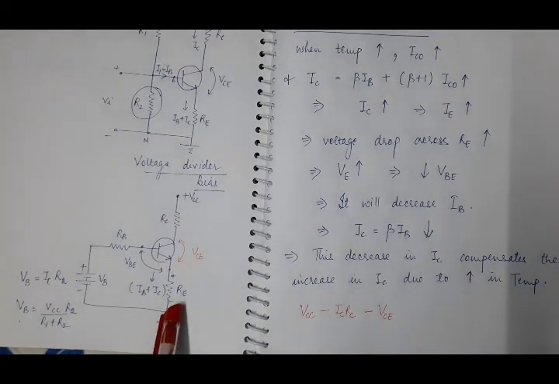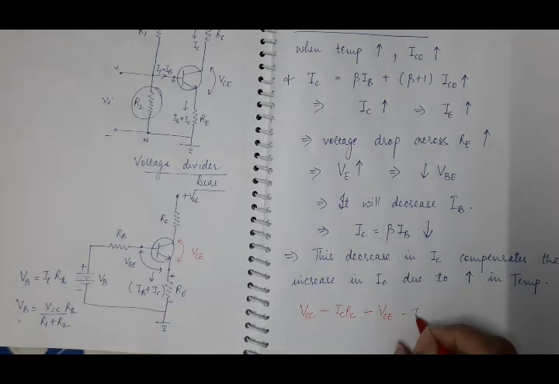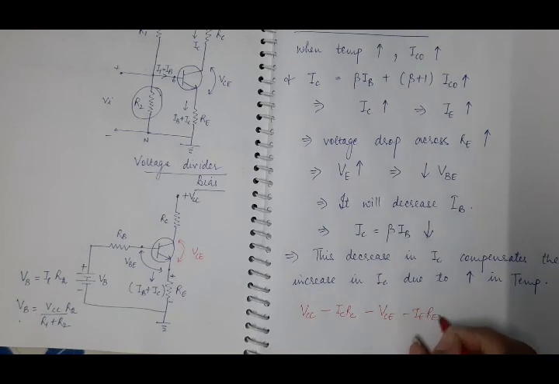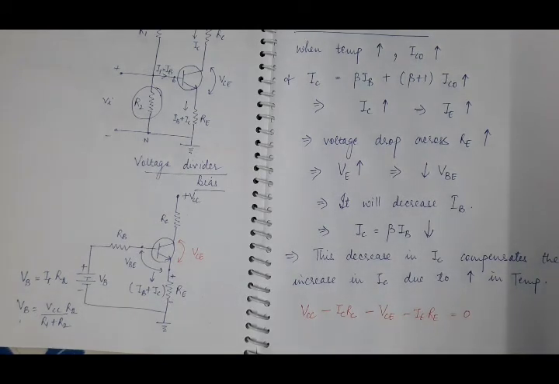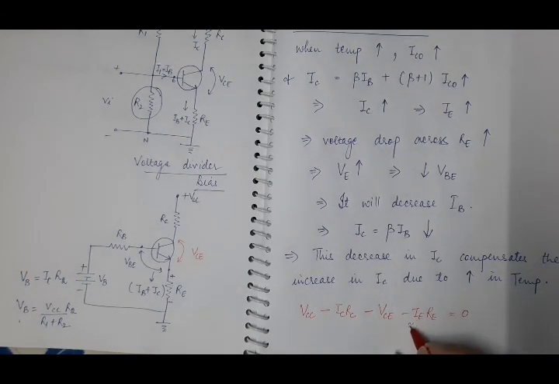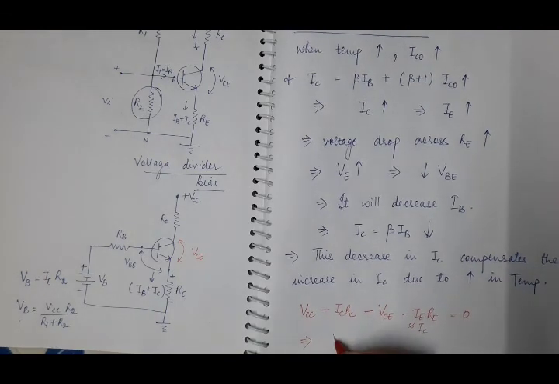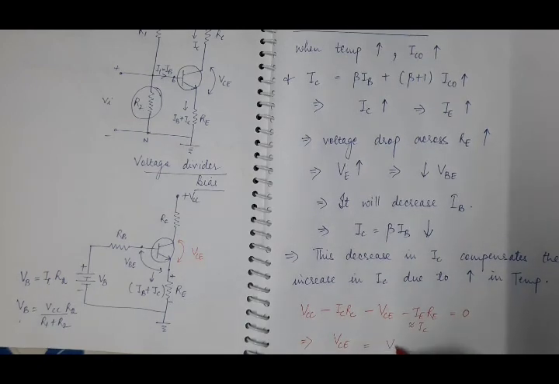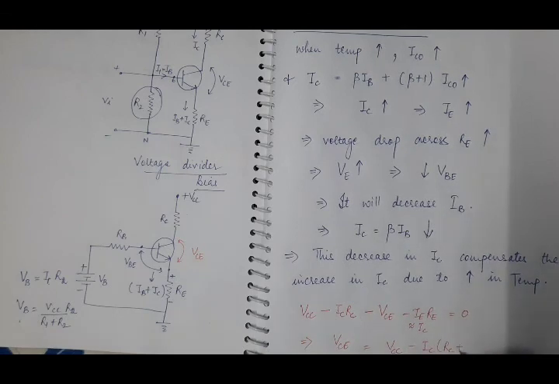Then the current through this terminal is IE, so the voltage drop will be IE RE, equal to 0. And we know that this IE is approximately equal to IC. So here we will have the value of VCE equal to VCC minus IC (RC plus RE), taking IC common.